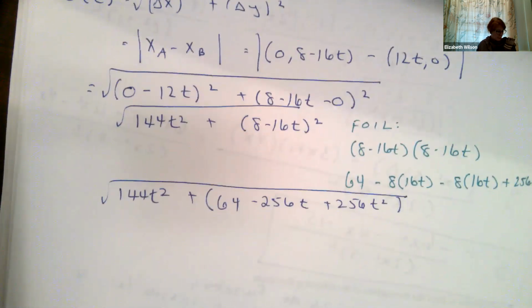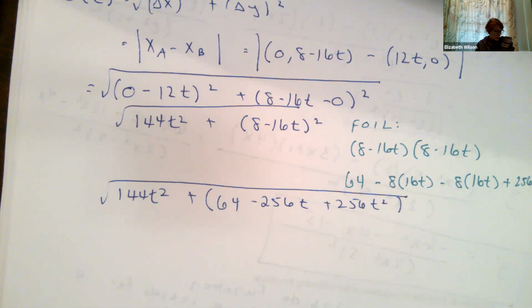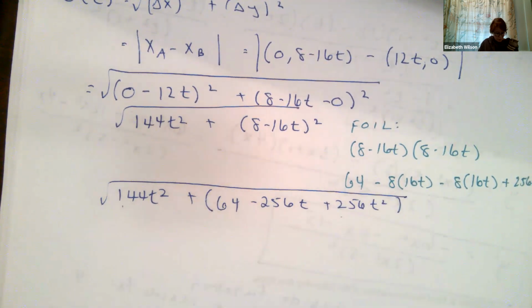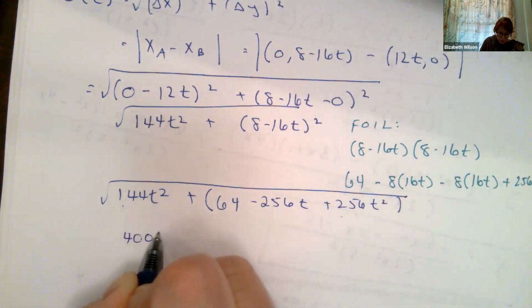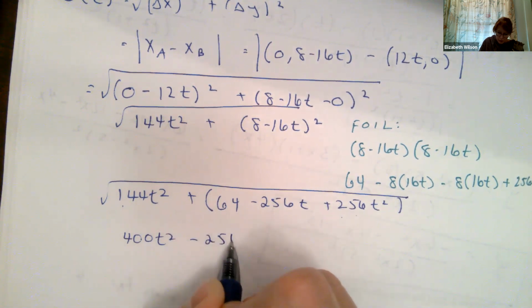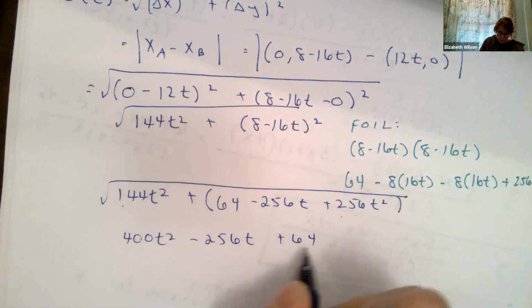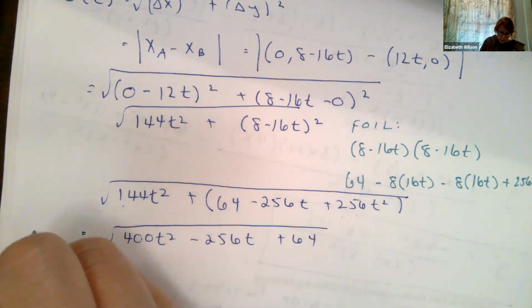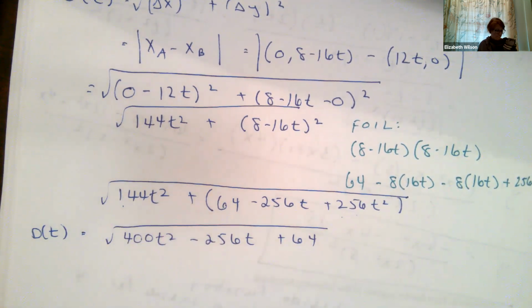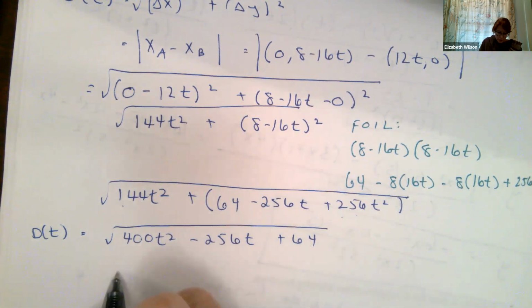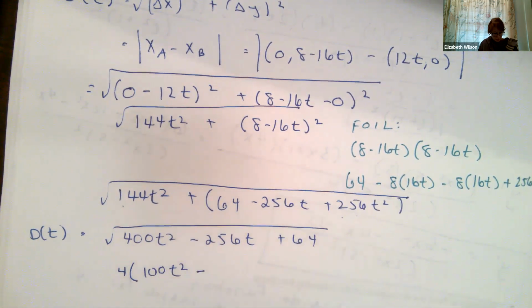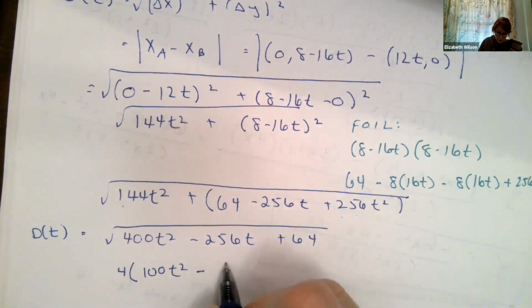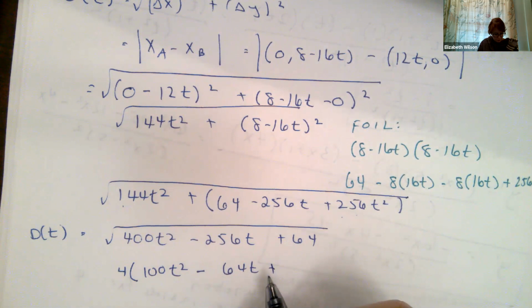Okay, now we get to combine all the like terms, right? So what we're going to do is I'm going to go 144 plus 256. So 144 plus 256 is going to give me 400t squared minus 256t plus 64. And this gives me my d of t. Okay, I think I can factor out a 4. So if I factor out a 4, I'm going to get 100t squared minus 64t plus 16.